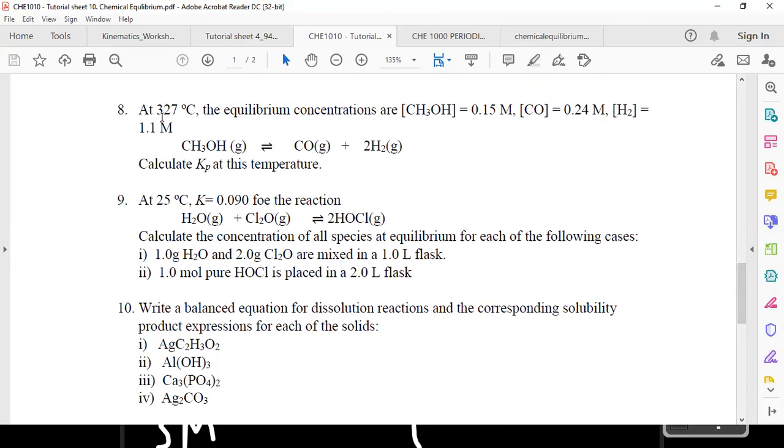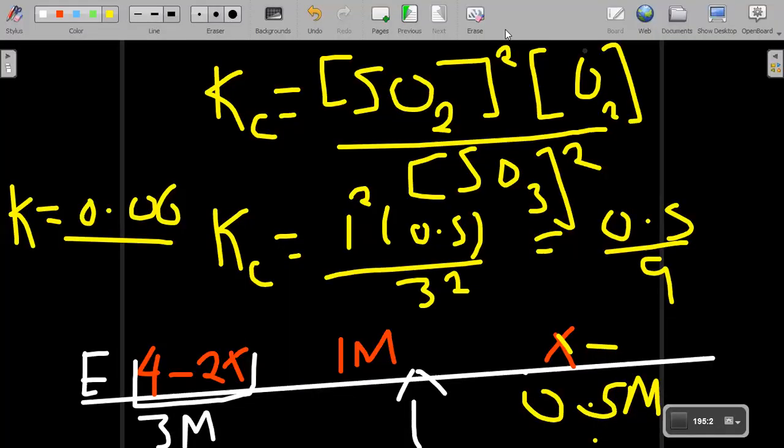As we can see, the equilibrium concentrations have been given for the reactants and the products. Then we're asked to calculate Kp. Okay, let me copy this question to the board so that we can do it as soon as possible. Save on time.